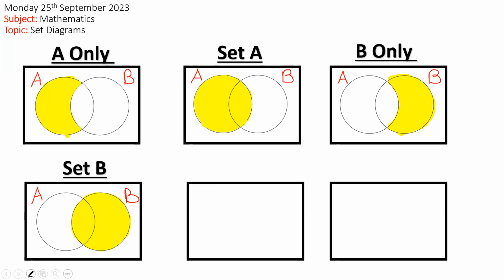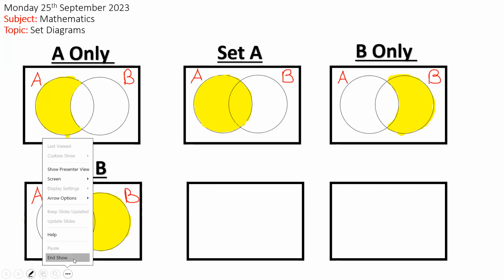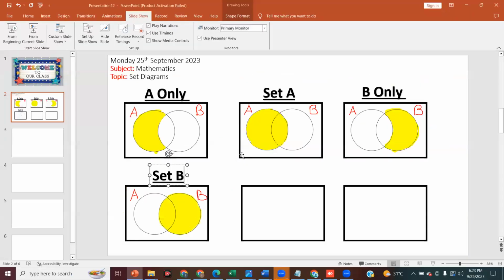Now let's figure out, what if we want this?